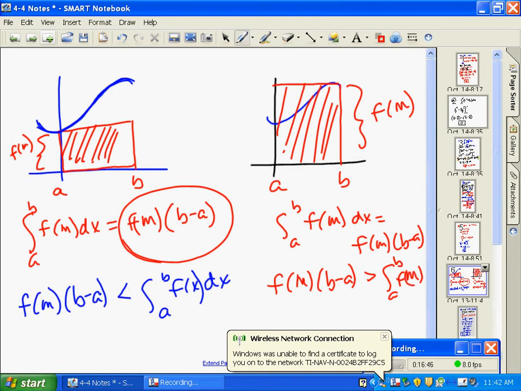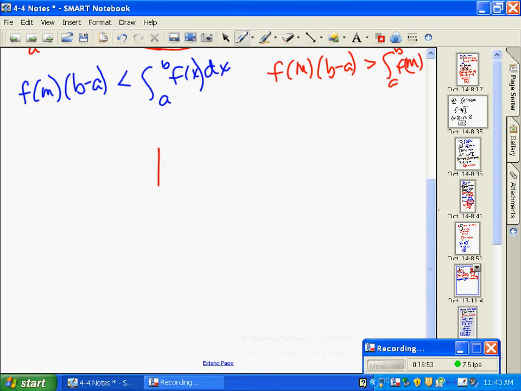Okay, so the mean value theorem for integrals basically is telling you that there is some value. Let me sketch something real quick here. Trying to get the same curve here.